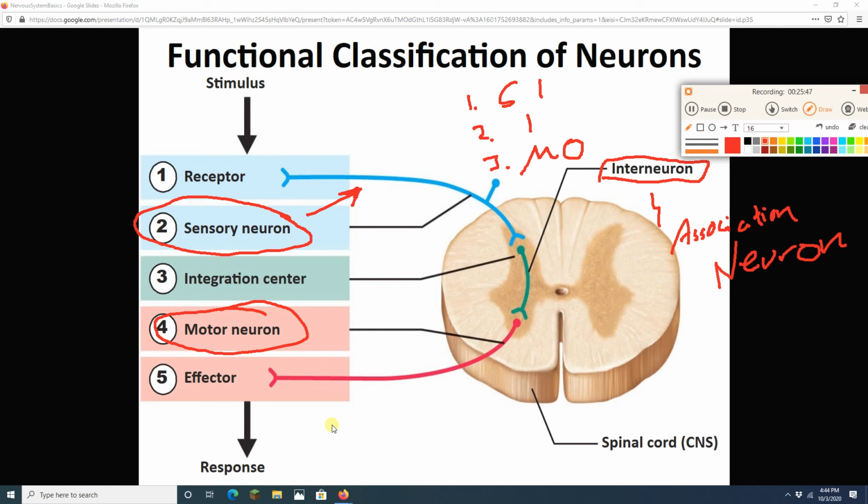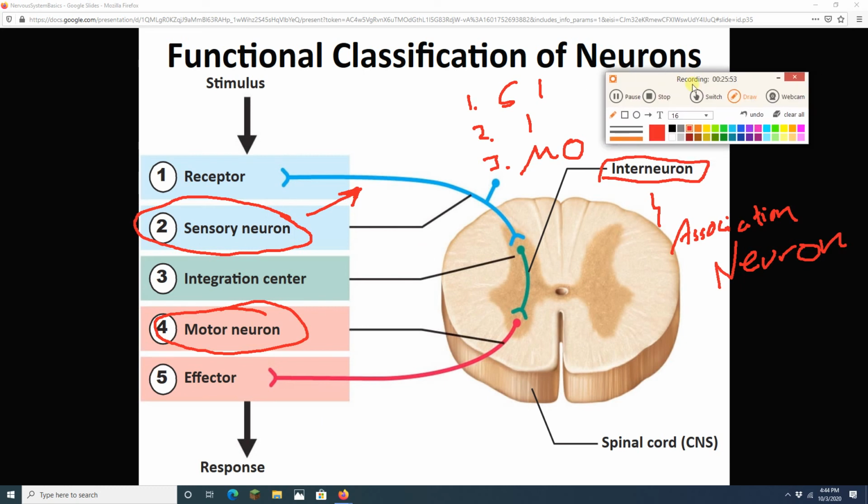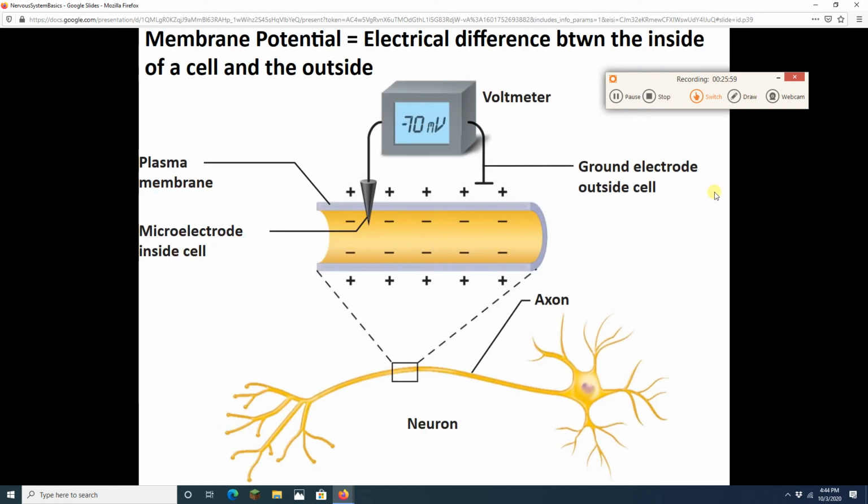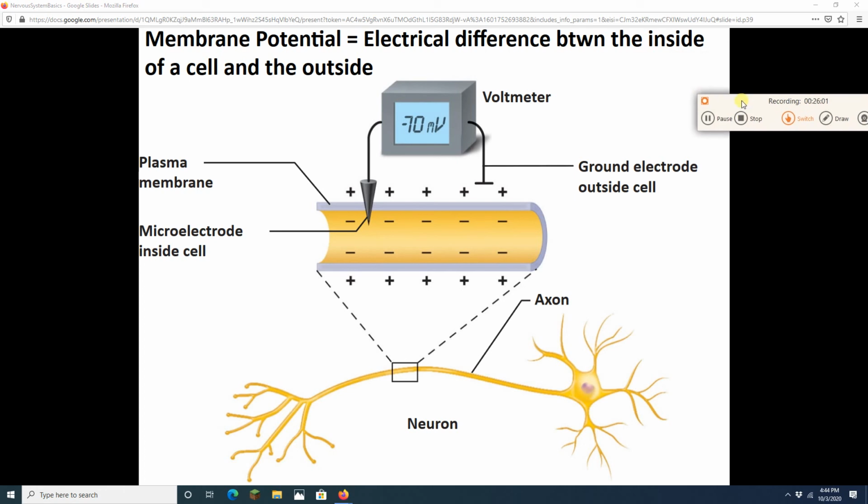All right, we've now done the structural and the functional classifications of our neurons. And guys, you know what we are ready to do? We are ready to figure out how neurons are going to send electrical signals.